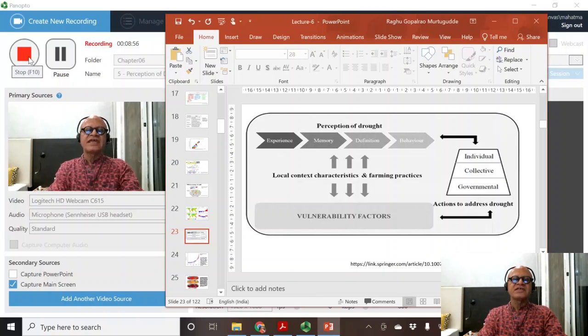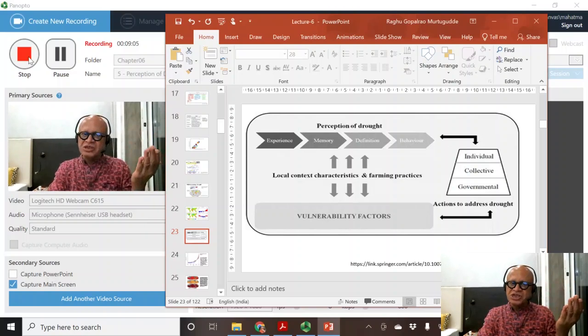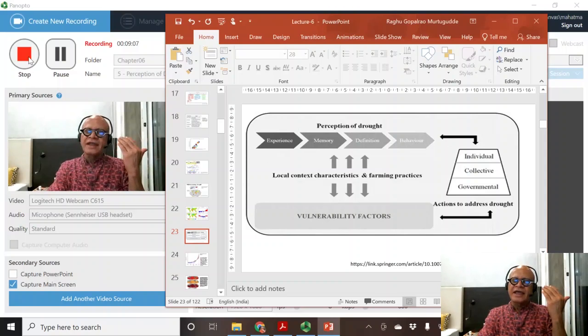So there are cascading effects also of drought severity versus warming temperatures, and of course population increase and more water demand for irrigation is going to add as well. Irrigation is the largest water consuming sector pretty much across the world.